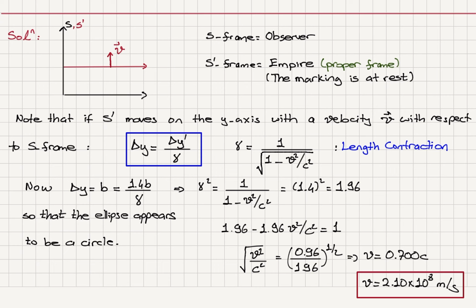And gamma is 1 over square root of 1 minus v squared over c squared, the relativistic correction factor. And the delta y we should measure must be b instead of 1.4b, so that it appears to be a circle. And solving for v from this equation, gamma squared is equal to 1.4 squared, we can find that v is 0.7 c, 2.1 times 10 to the 8 meters per second, moving on the y-axis.